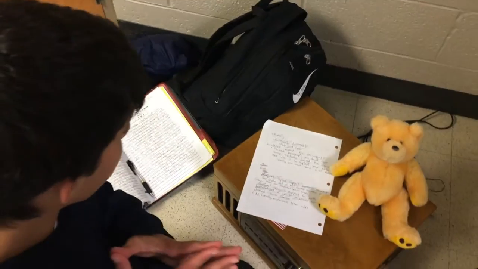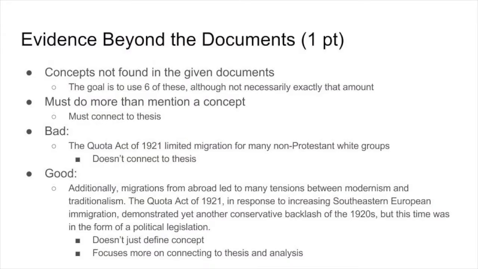Now we move on to evidence beyond the documents. In each paragraph, you should have some evidence beyond the documents and use it to support your thesis. In reality, you want to write 6 of these. So, a bad example is the Quota Act of 1921 limited migration for many non-Protestant white groups. This is bad because it's just stating what happened, AMSCOing, and doesn't connect to the thesis.